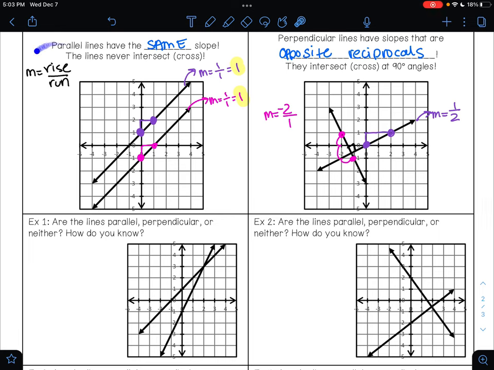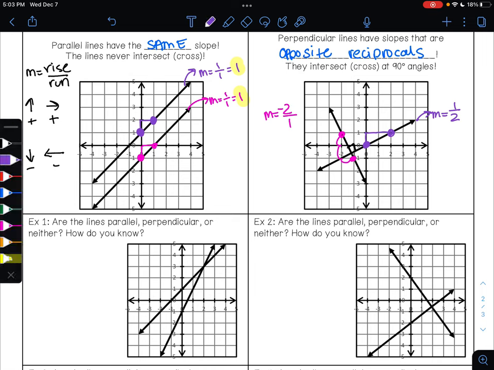And again, I'm using rise over run. If it helps you, remember, going up is positive, going right is positive, going down is negative, and going left is negative. So I'm going to find the slope of each line. I'm going to begin by finding the slope of this line right here.